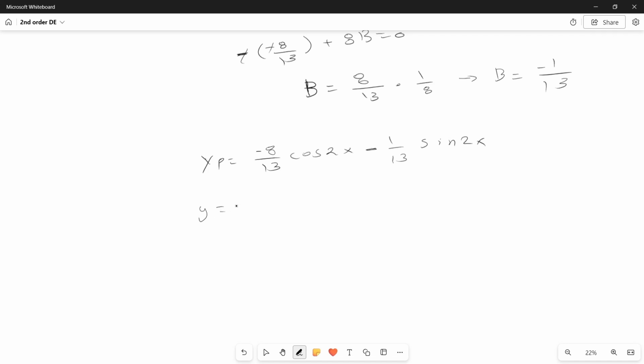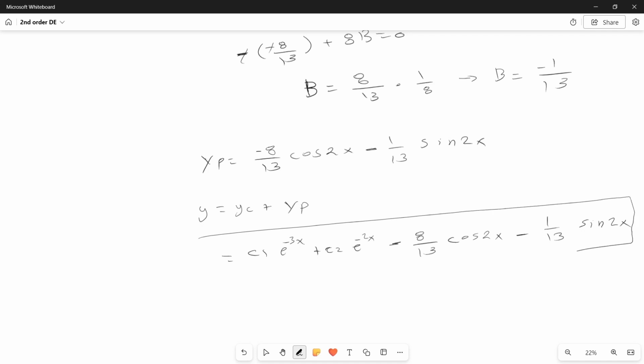So y is equal to yc plus yp, and that would equal c1 exponential negative 3x plus c2 exponential negative x, minus 8 divided by 13 cosine 2x minus 1 over 13 sine 2x, and that would be our final answer.